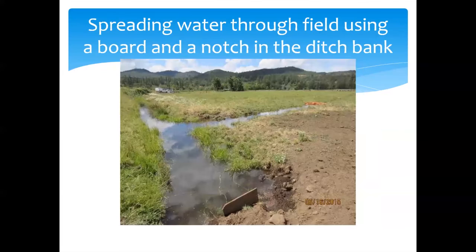There's another picture of a ditch with another kind of lateral ditch. They put a board in front of this culvert to push water this way, and then they have the tarp here for this set for a certain number of hours until water, usually the amount of hours is based on where the water is at the end of the field because it varies so much.